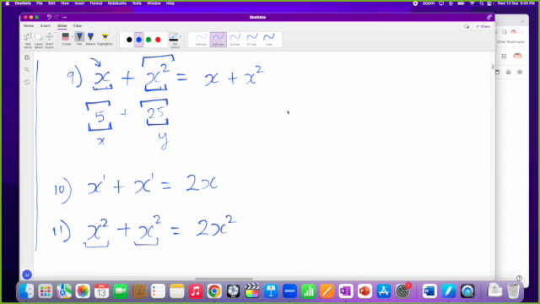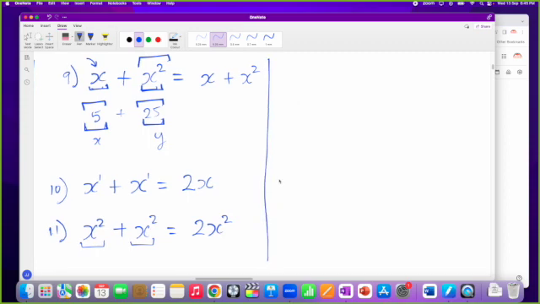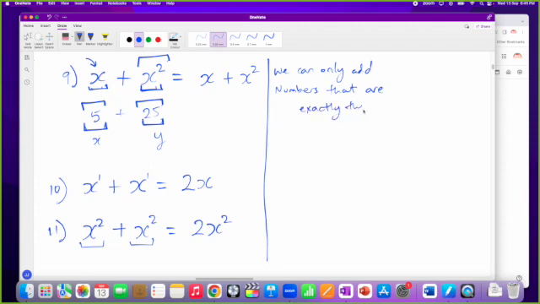We can only add numbers that are exactly the same in polynomials. Maybe we could write that down. We can only add numbers that are exactly the same.